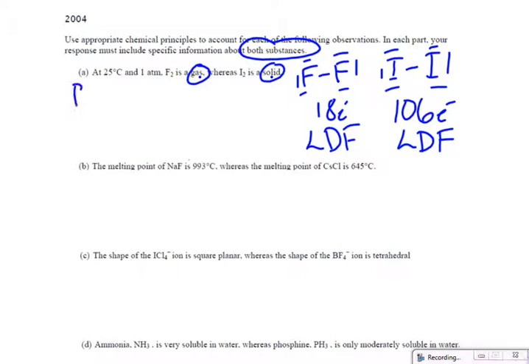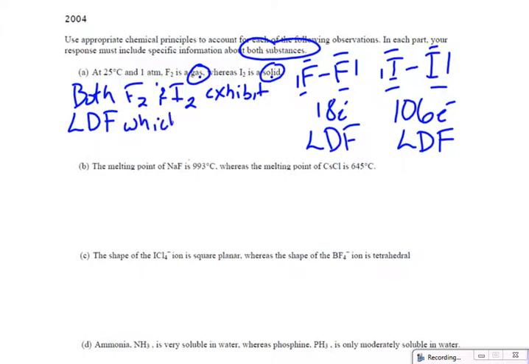So let's talk about both. Fluorine and iodine exhibit London dispersion forces, which increase with increasing number of electrons.